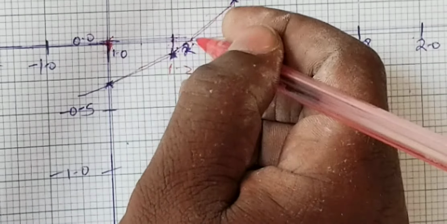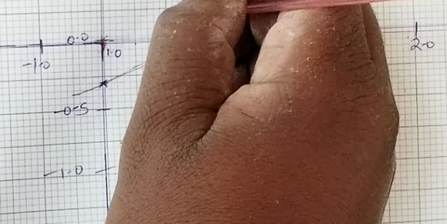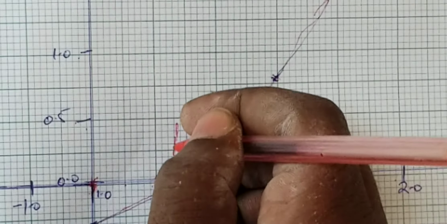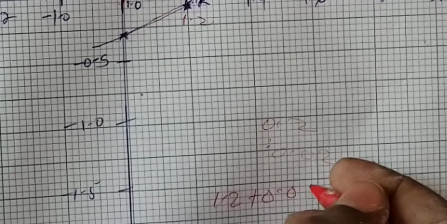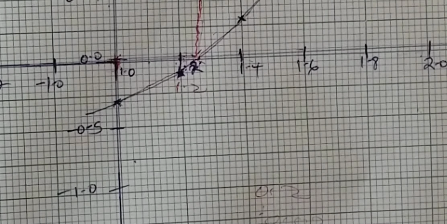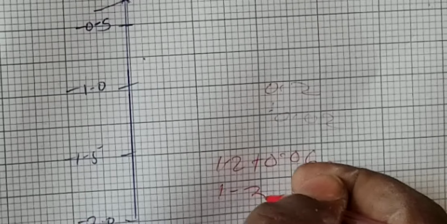So this is where the root is. The root will be 1.2 plus 0.06, and that will give us 1.26.